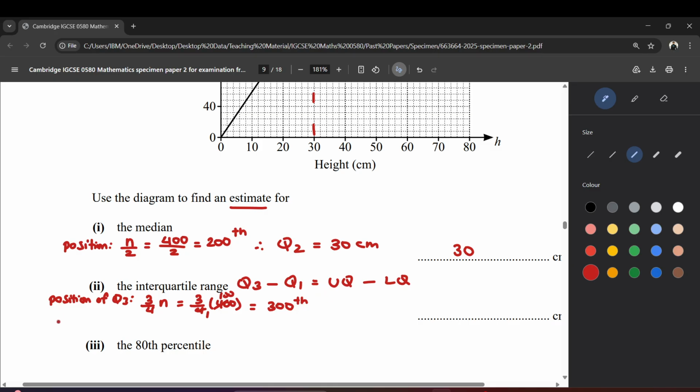Let me also work out the position of the lower quartile. The lower quartile will be 1/4 of n. So that will be 1 upon 4 times 400. You simplify this, that becomes 100th position. All right, now let's work this out.